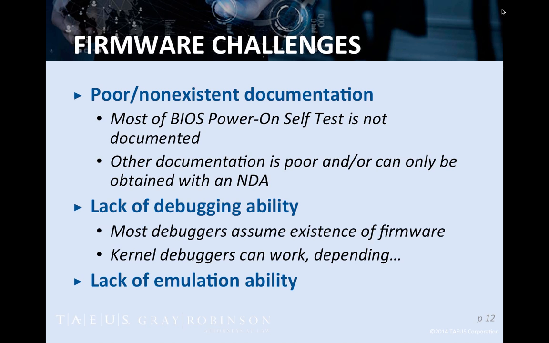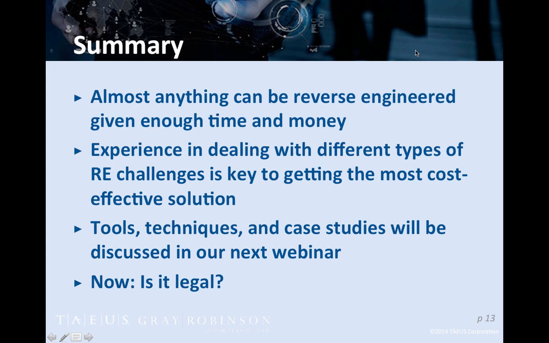But other things, such as cell phones, may not. And so it's necessary to set up emulators or other specialized tools in order to analyze firmware. We'll talk more about that and how we go about doing it in our next webinar.